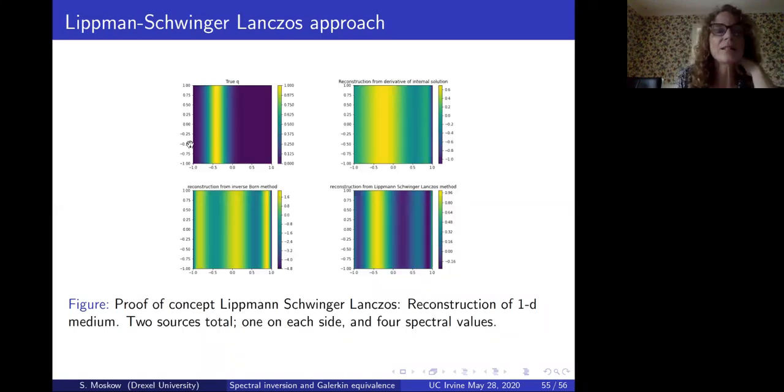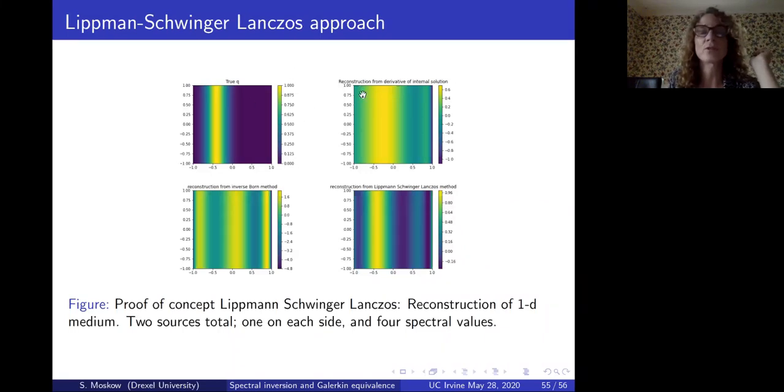And we put a constant source on the left side, and a constant source on the right side, with 4 spectral values, so only 4 values for lambda. And then the 2x2 blocks, so this is sort of an 8x8 system reduced order model. There are 16 data points because we have the F's and the derivatives for these spectral values and sources.